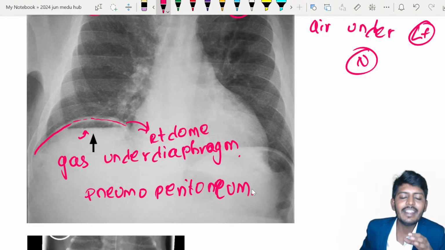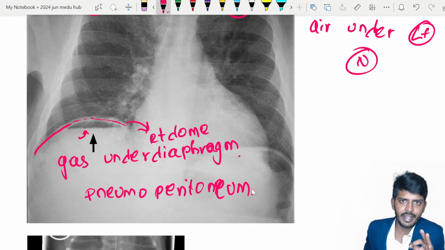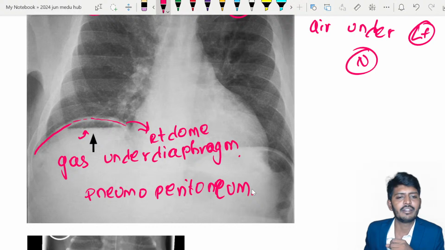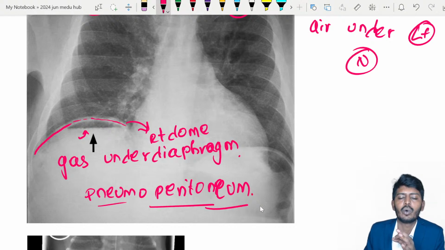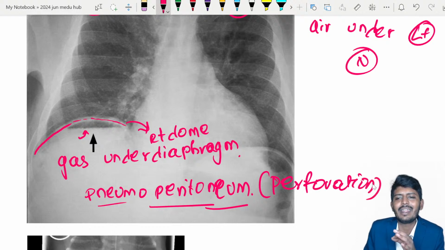If there is air in the peritoneum, that suggests some perforation in the GIT. That might be a perforation in the duodenum, or it can be a perforation elsewhere. But air under the diaphragm clearly tells you it is a pneumoperitoneum. That is a sign of perforation in the GIT. Very, very important and very frequently asked question.